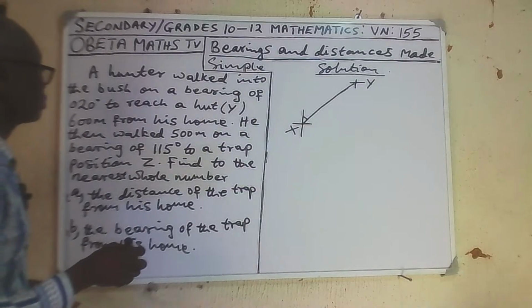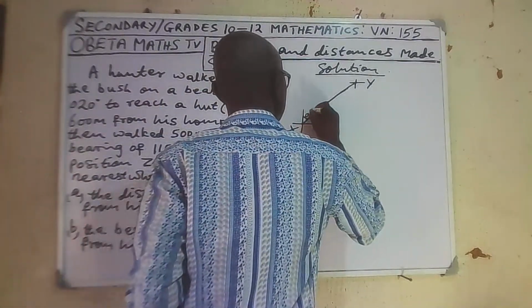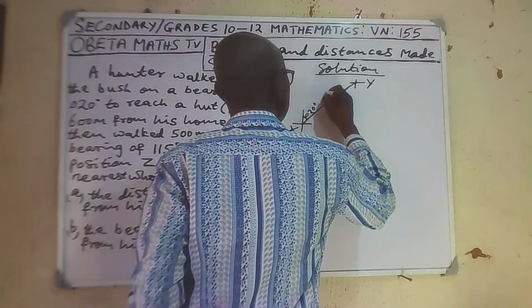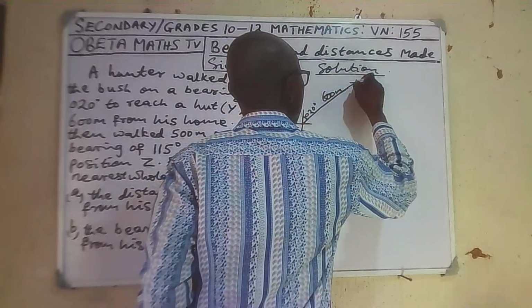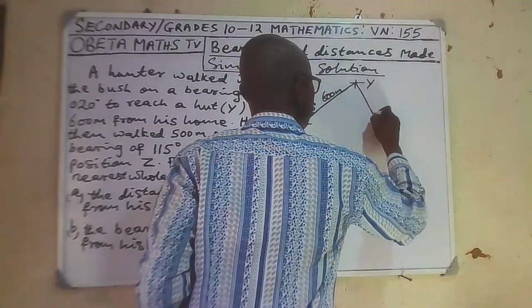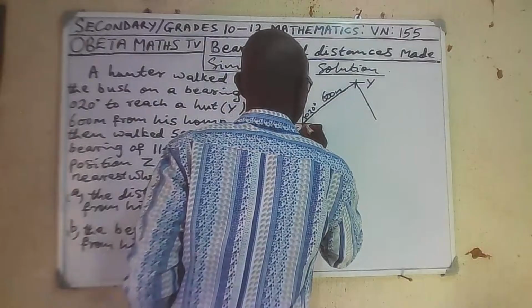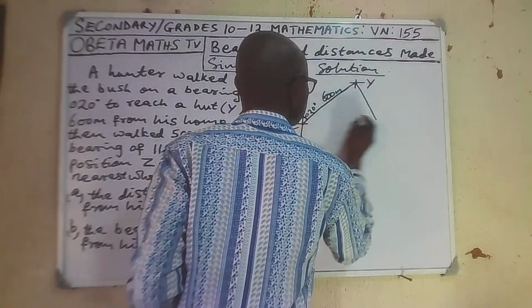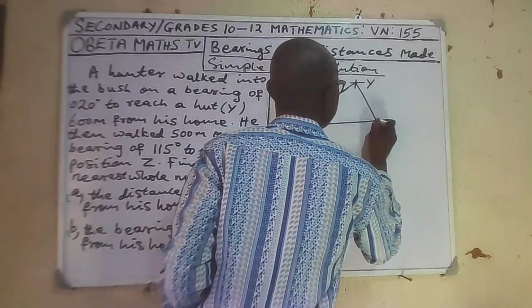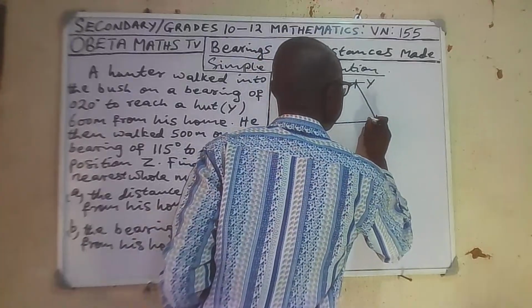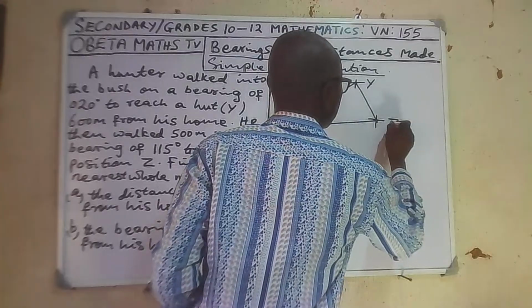Then he walked 500 meters on a bearing of 115, so our 115 should be this. Now we can join, and let's call this Z.